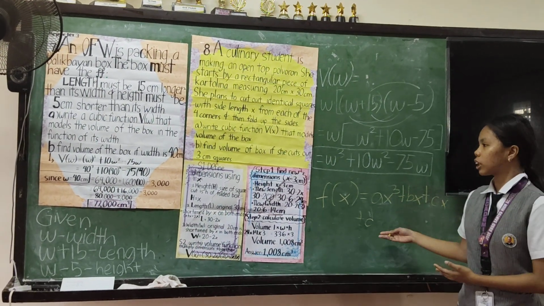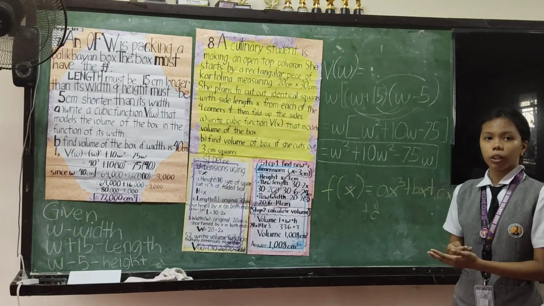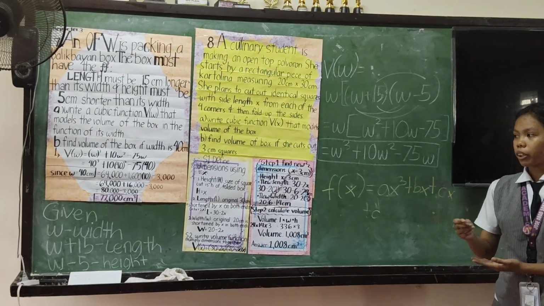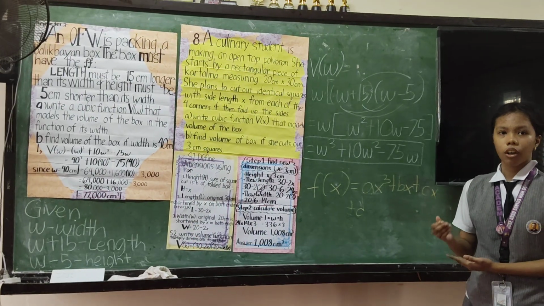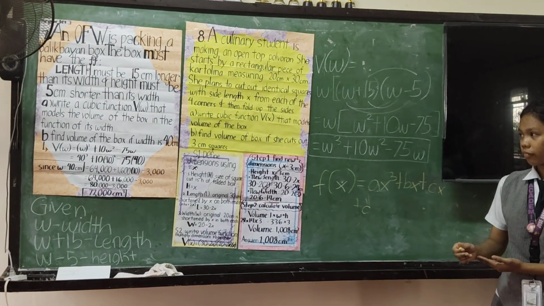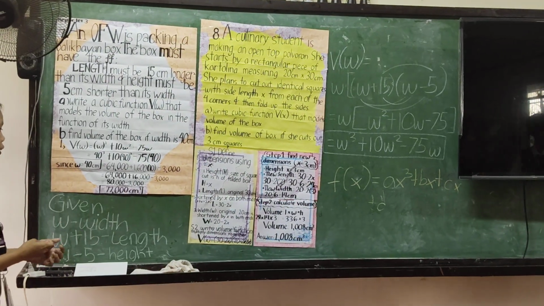We use cubic functions to find the volume of a 3D object. Its volume is the product of these three dimensions: its length times width times its height. So back to our task to write the cubic function.